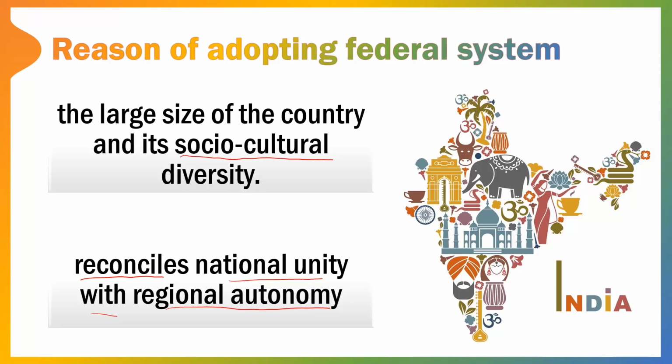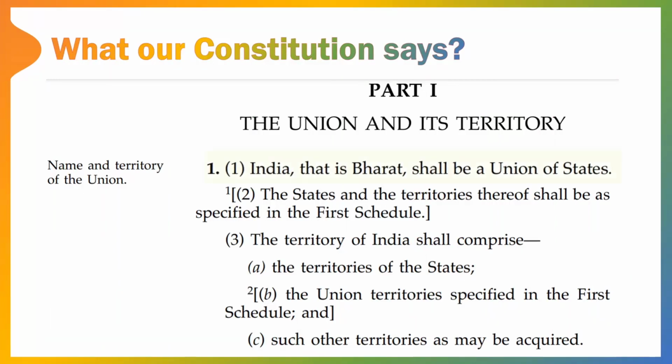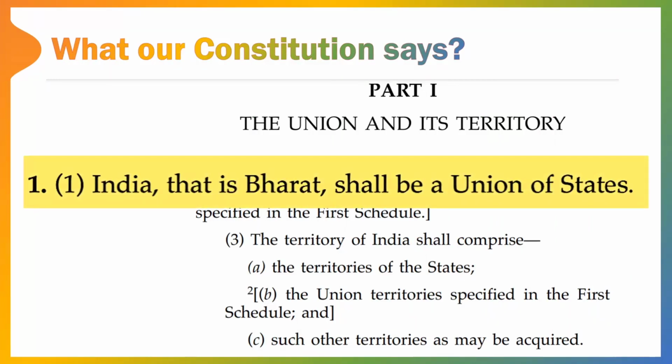But over here there is one more interesting thing to notice. In the Indian Constitution, the word federal is used nowhere. Instead of that, Part 1 of the Indian Constitution, Article 1, says that India, that is Bharat, shall be a union of states. So we are using the words union of states instead of federal.